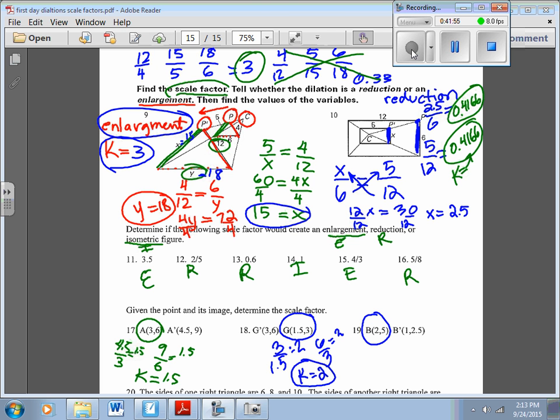So when you're doing a reduction, you're going to do the smaller numbers on the top, and the larger numbers that correspond to them on the bottom. 1/2, does everybody agree you don't even need a calculator for that? That's the decimal 0.5. 2.5 divided by 5, isn't that pretty much 2.5 is half of 5?